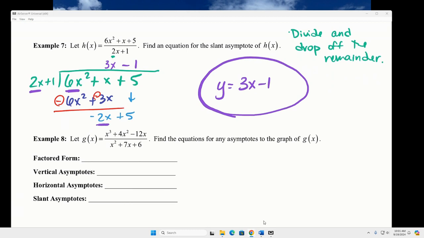Okay, let's look at example 8. We're going to do multiple things on example 8. So we are going to write this function in factored form like we did yesterday, that we've done a ton of times, just hadn't called it factored form.